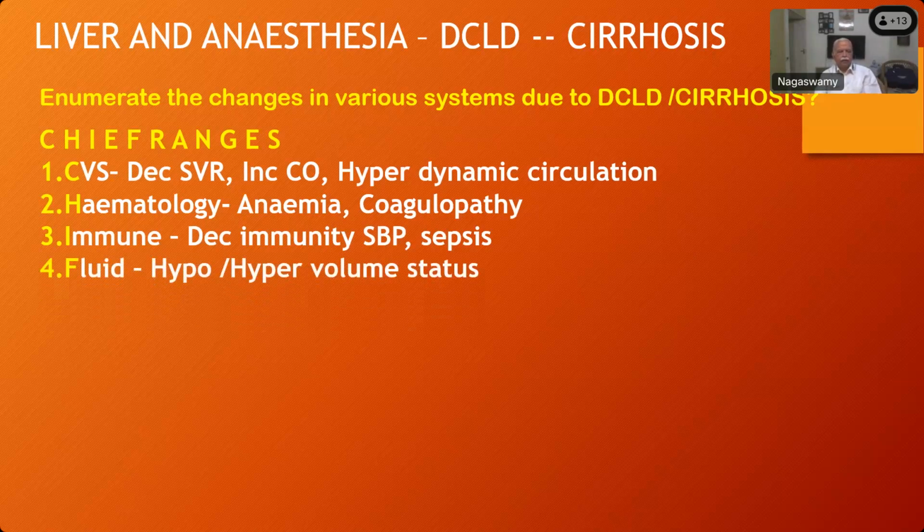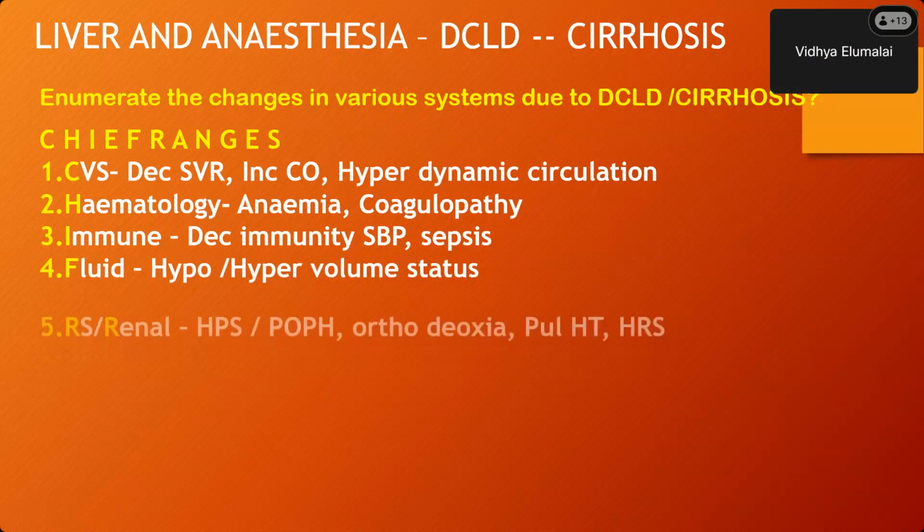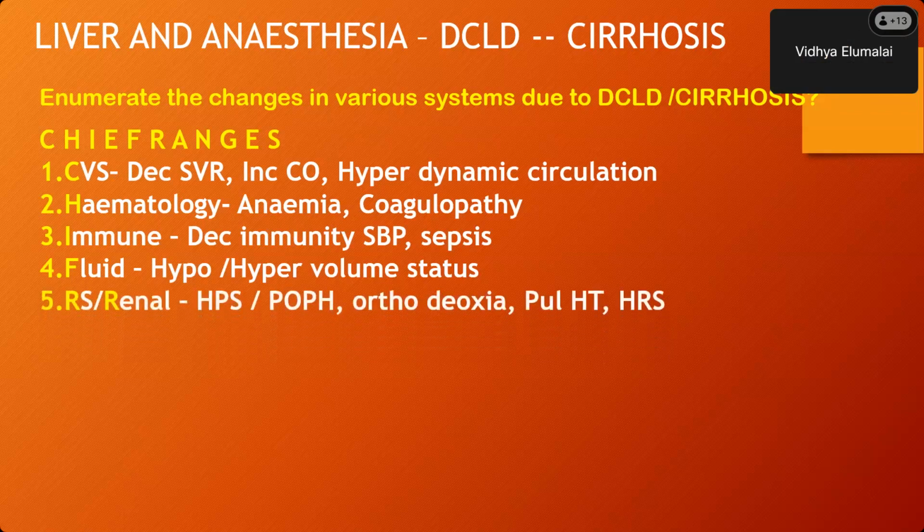F stands for fluids, which can be hypo or hypervolume status. What does the R stand for? Respiratory and renal involvement. Respiratory can be in the form of HPS, hepatopulmonary syndrome, POPH, portopulmonary hypertension, orthodeoxia, and pulmonary hypertension.